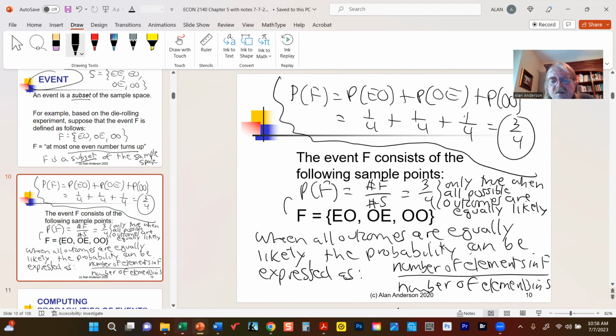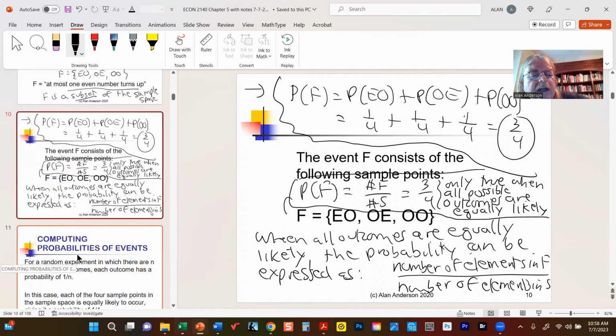This process of just simply counting up the number of outcomes in F divided by S is not always correct in general. And in fact, we have an example coming up where the elements in the sample space are not equally likely, and we'll see how we handle that case.